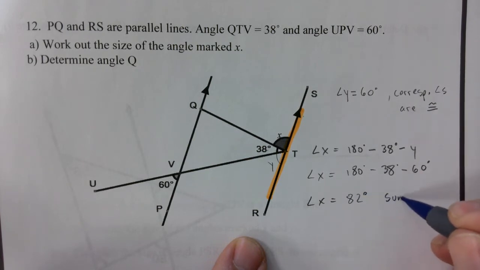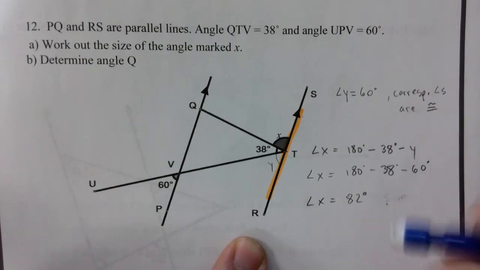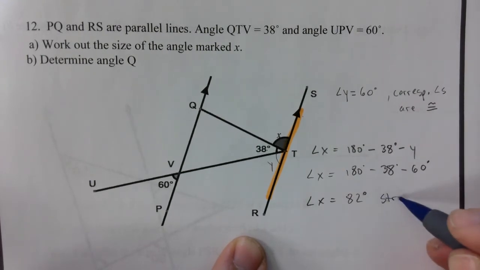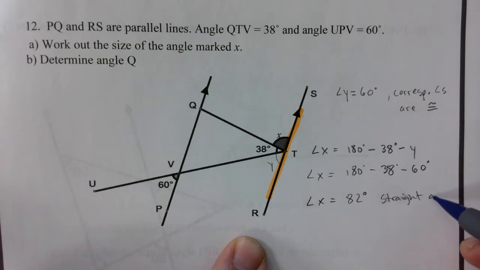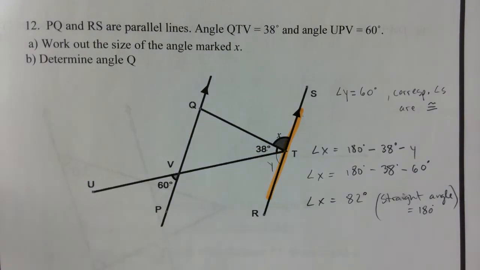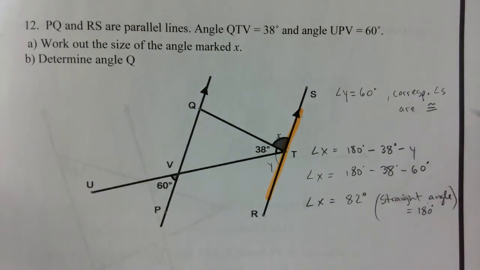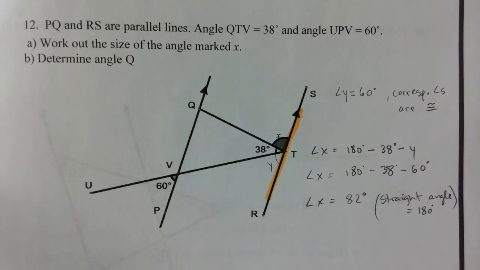I'll just say a straight angle is equal to 180, or straight angle is supplementary, whatever you want to put. But that's my reasoning as to how this worked. Was there another way of doing it? Yes, I see at least one more way.